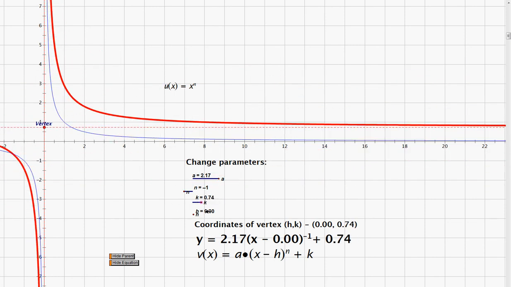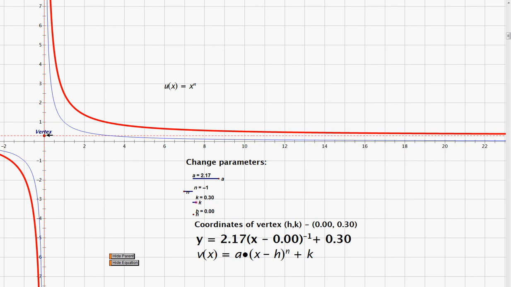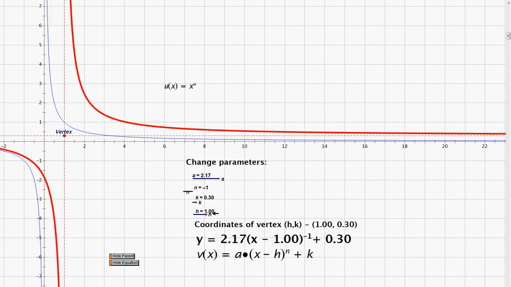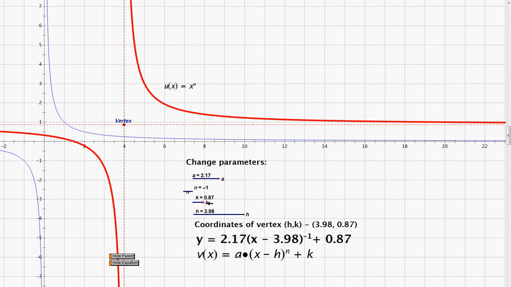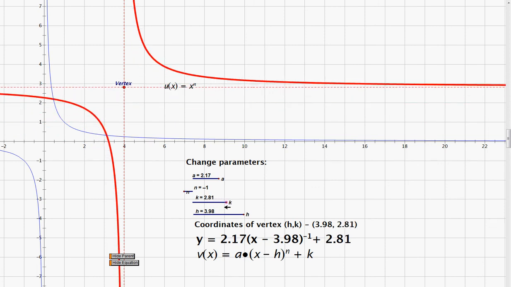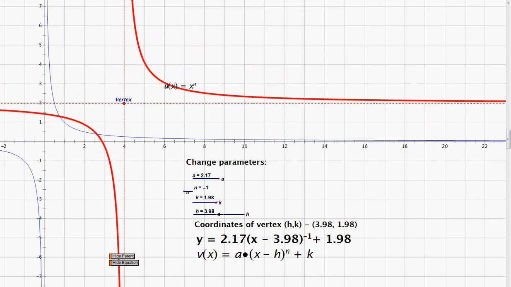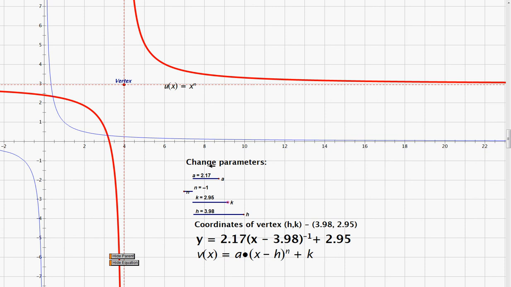On the vertical translation, see the function translates together with its vertex, and you can see here its coordinate, and we also can change the horizontal coordinate of the vertex.